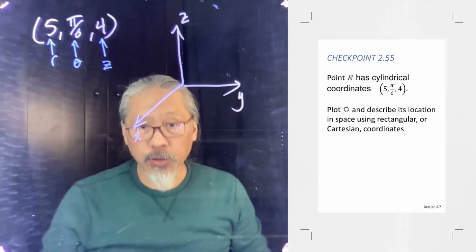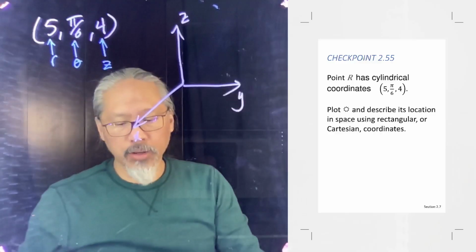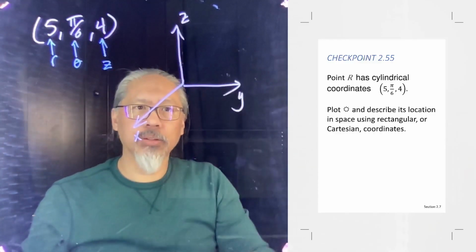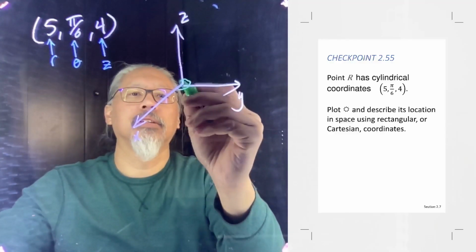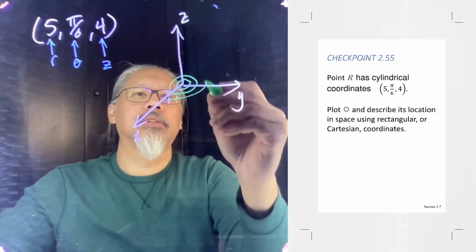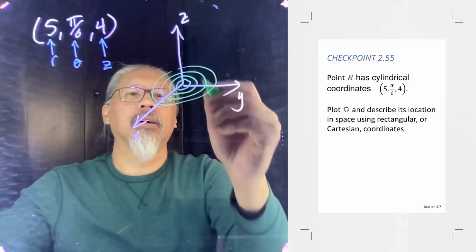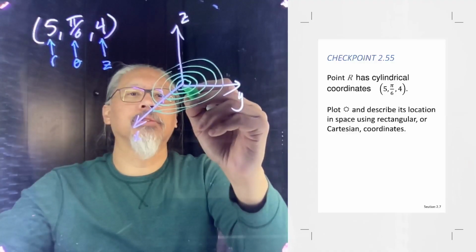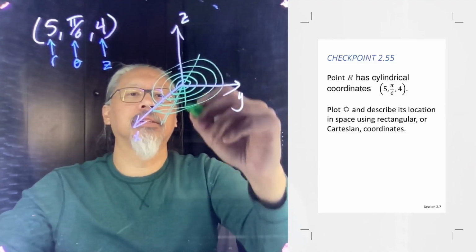Except now, if we're going to talk about cylindrical coordinates, instead of having our coordinate systems going like rectangles or squares in Cartesian coordinates, we could imagine that our system would be made out of circles on the xy plane. That's one set of coordinates, and the other set of coordinates would be these things that we'll call rays.